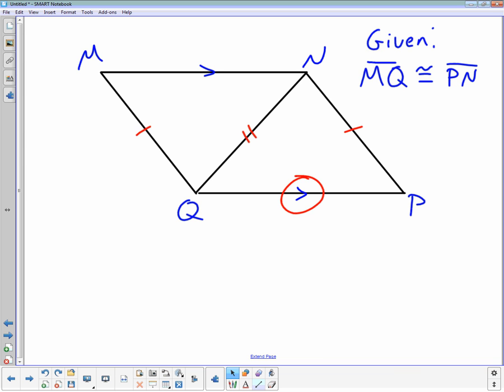You're like, wow, I thought we were done with parallel. Ha, no. This is a retro math problem. We're going back to parallel for a minute.